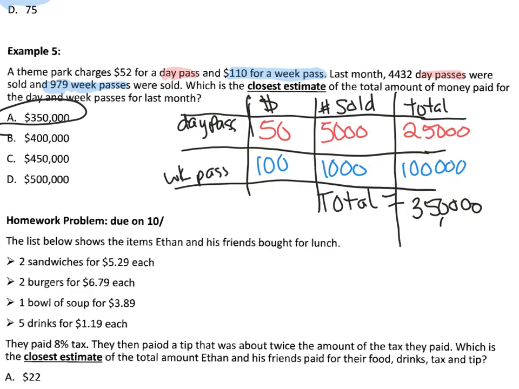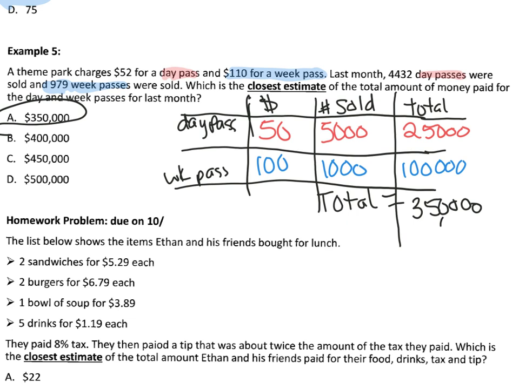Okay, so I set up a little table to kind of help me organize my information. So again, I put it into day passes and week passes. I had to figure out how much each pass costs and how much each pass was sold for, the total amount of money paid.